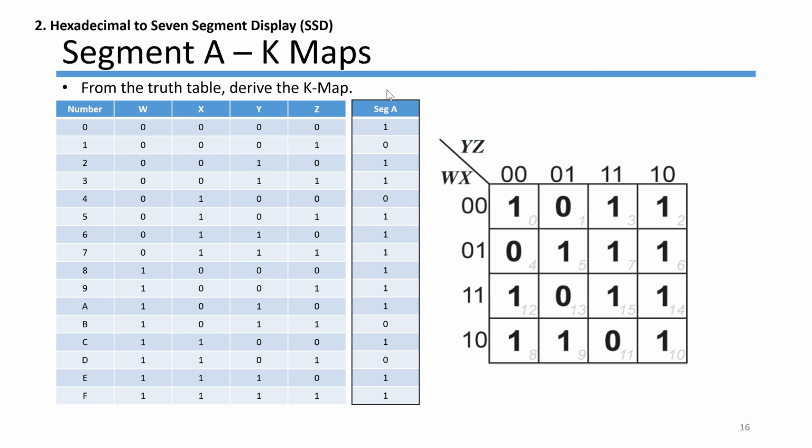Now you need to then derive the Karnaugh map, or the K map, from this truth table. As you can see in the example in the picture on your right, it's been encoded in W, X, Y, and Z, and each corresponding output for segment A is then filled into the K maps.